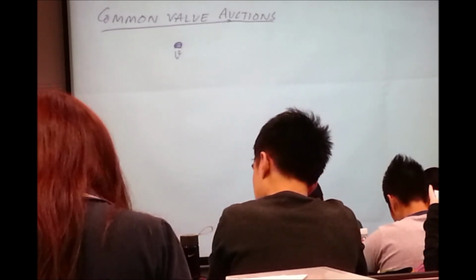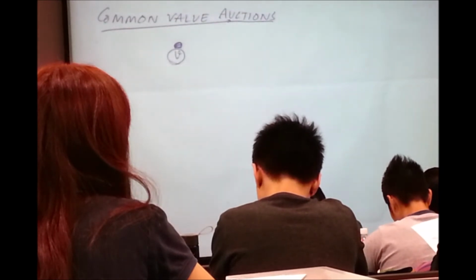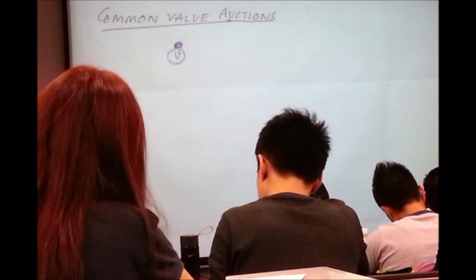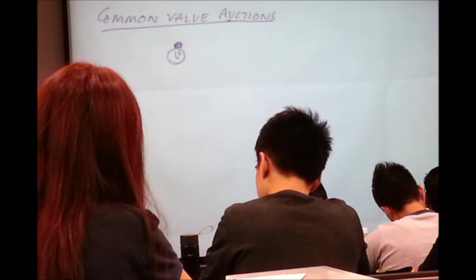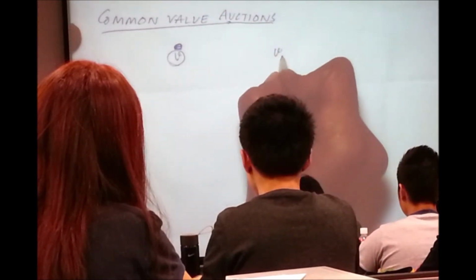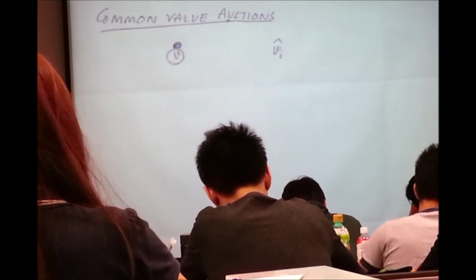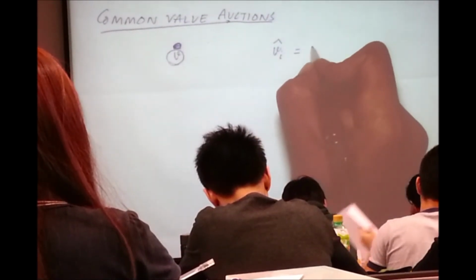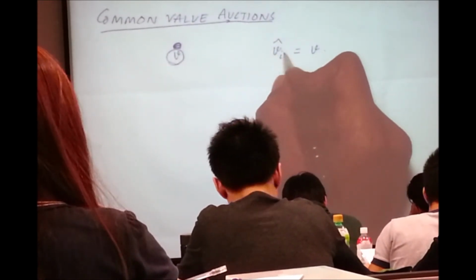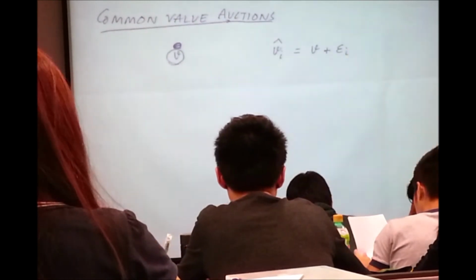You will also recall that bidders might not know this true value. It is quite likely that bidders don't know this true value. Therefore, bidders will only have estimates of this value. If there are n bidders, then bidders have estimates of the value. And this estimate is related to the true value in this manner: the estimate that the bidder has is equal to the true value plus some estimation error.